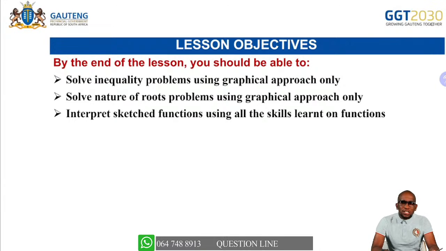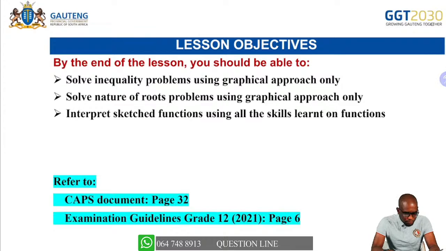It will include increasing and decreasing functions, domain and range, intercepts, axis of symmetry, symmetry, asymptotes, all those concepts together in one. You need all those concepts, inequalities and graphs, to be able to actually interpret functions that are sketched. So those skills are important, right?